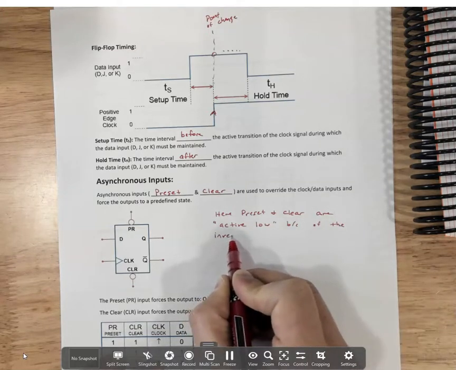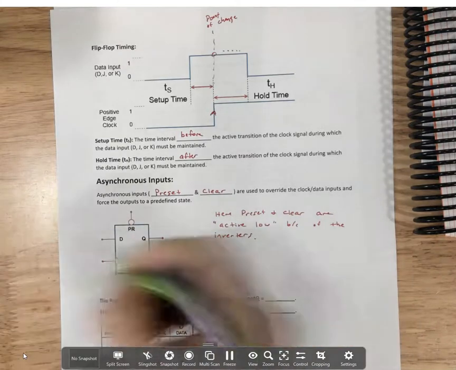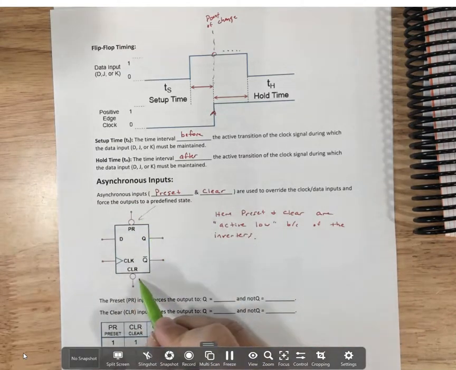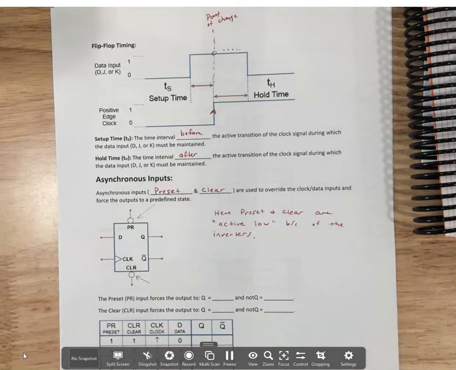Do you see the little circles? So if we had 5 volts or a logic level 1 coming into here, it inverts and becomes a 0.